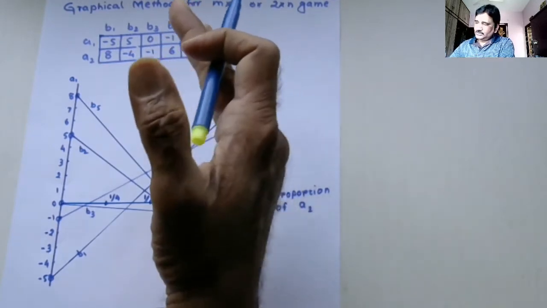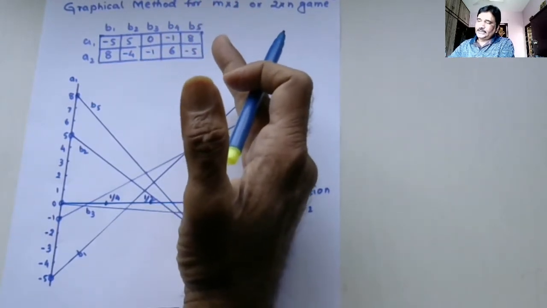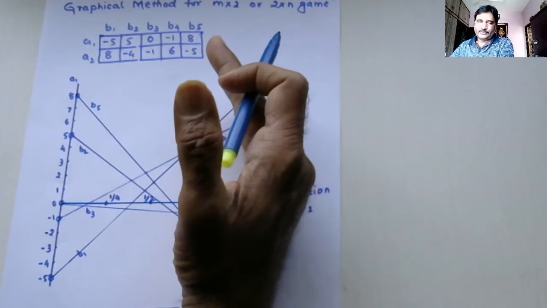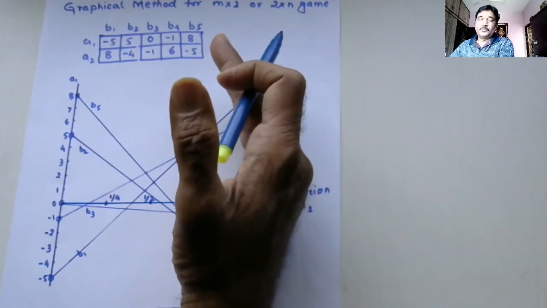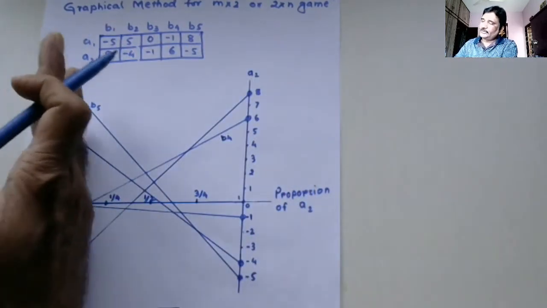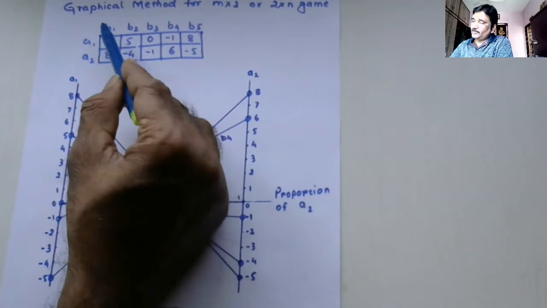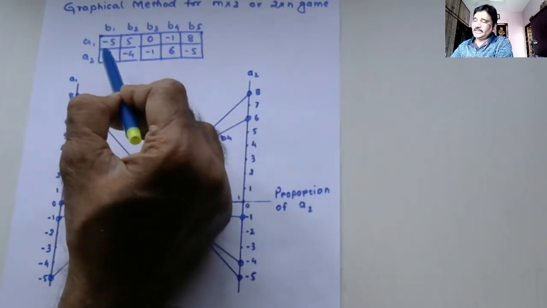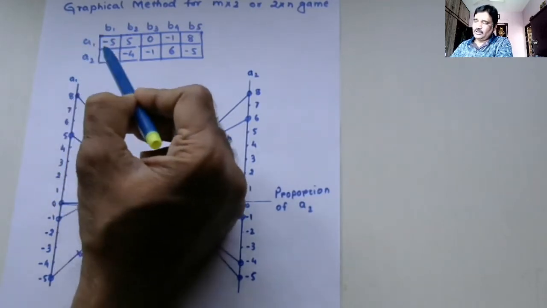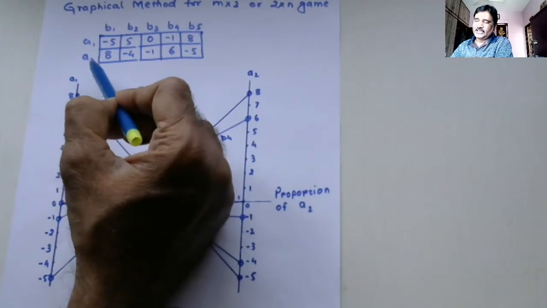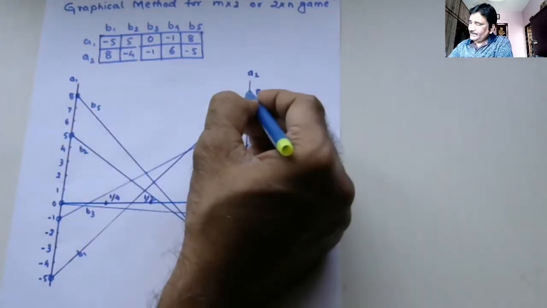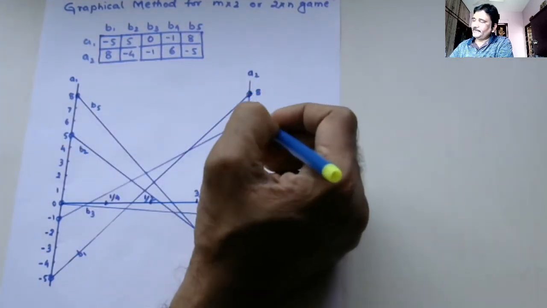This is the line for A2 play of player A, and this is the line for A1 play of player A, right? So if player A plays A2 and B still plays B1, then gain to player A and loss to player B equivalently will be 8. So 8 I'll be marking on this line.